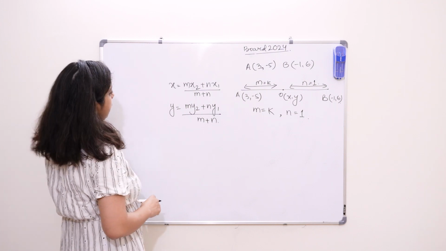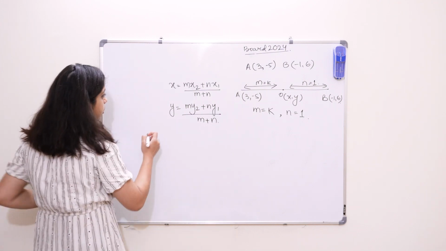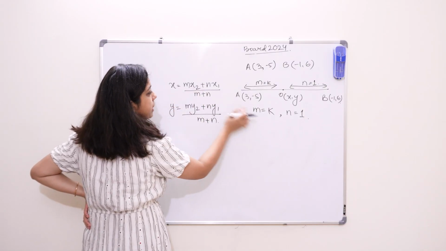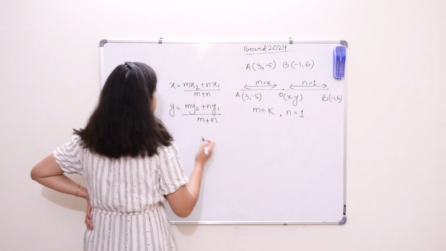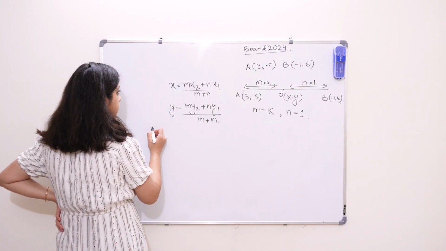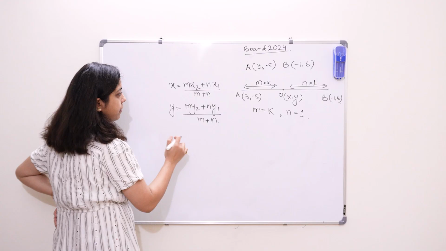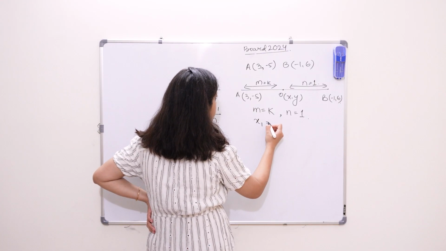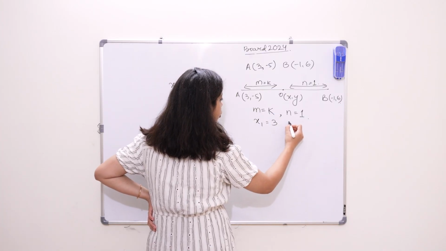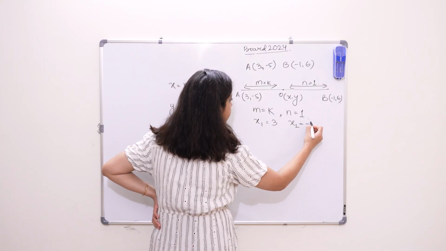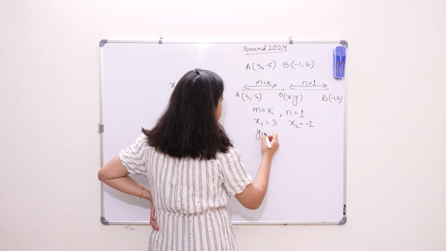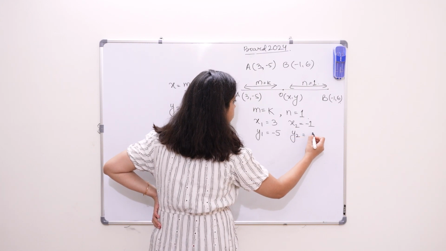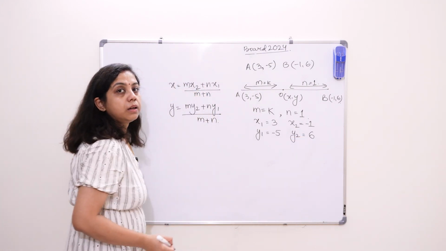Now let's understand. हमने क्या बोला था कि x is equals to y है, तो अगर x is equals to y है तो हमें क्या करना है, दोनों को इक्वेट करना है और m की जगह पे k डालना है और n की जगह पे 1 डालना है. तो सेम काम करते हैं, m की जगह पे अगर हम k डालते हैं और x2 की वैल्यू क्या है, x2 की वैल्यूज भी लिख लेते हैं. So your x1 is equals to say suppose 3, your x2 is equals to minus 1, your y1 is equals to minus 5 and your y2 is equals to 6, right?